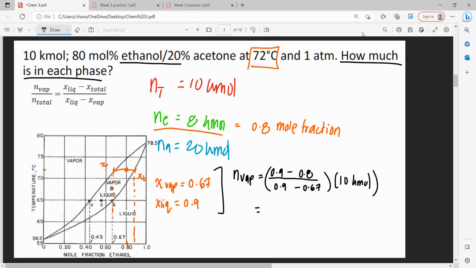So it's 0.9 minus 0.8 divided by 0.9 minus 0.67 times 10. So our moles of vapor at this point for ethanol is roughly 4.348 kilomoles.